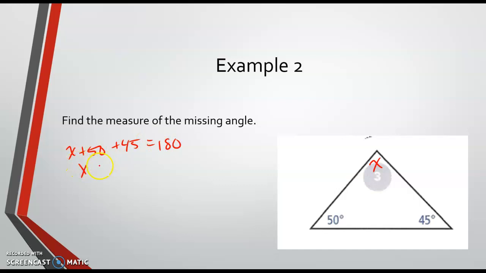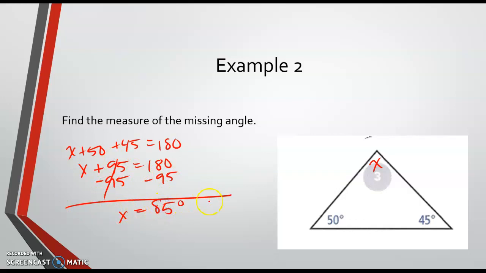I'm going to take 50 plus 45, so x plus 95 equals 180 degrees. And then I'm going to subtract 95. So x will equal 85 degrees. And that's what I know.